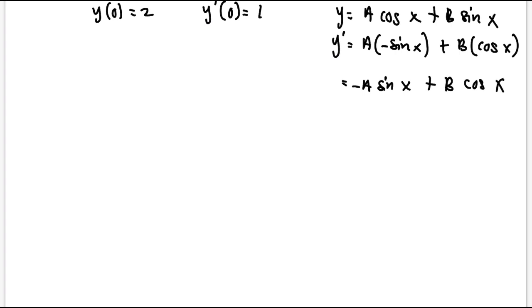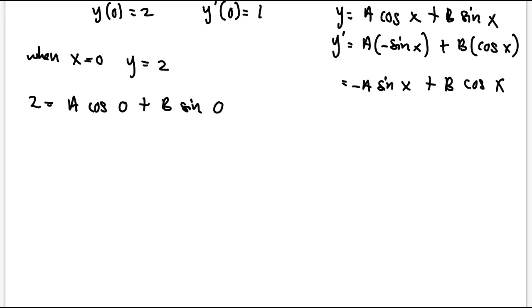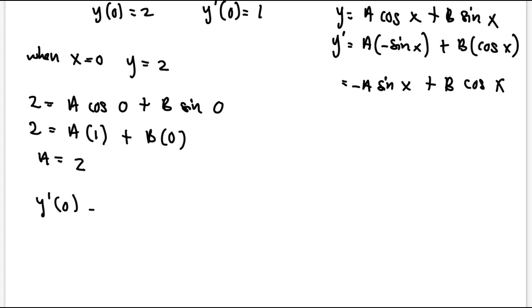Alright, for first condition y(0) equals 2, so when x equals 0, y equals 2, so we have 2 equals a cos 0 plus b sin 0. So cos 0 is 1, so 2 equals a multiply 1, sin 0 is 0. So we have a equals 2. Second condition, y prime(0) equals 1.